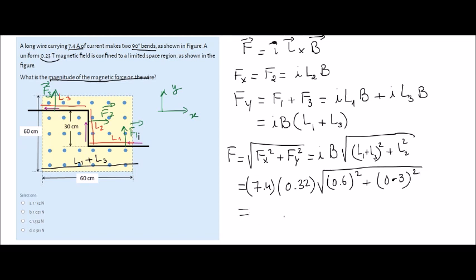You calculate, and you find 1.417, sorry, there is one here, Newton. Which one is close? This one, right? 1.142 Newton. Yeah, we can round it to that. Good. So that's my answer.